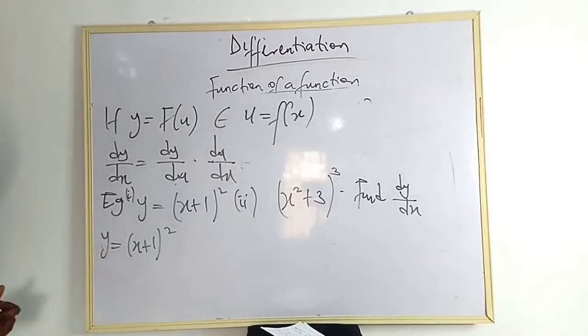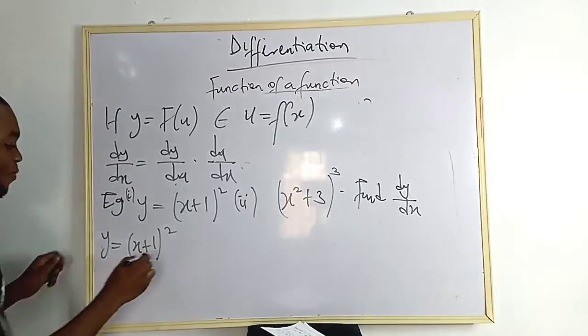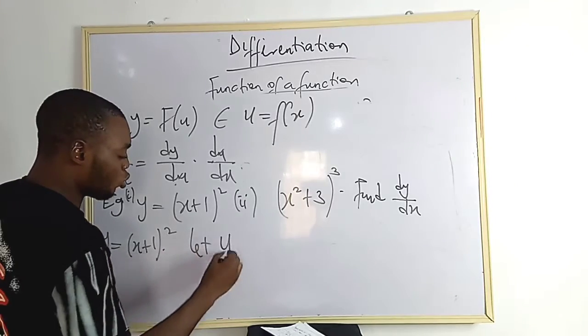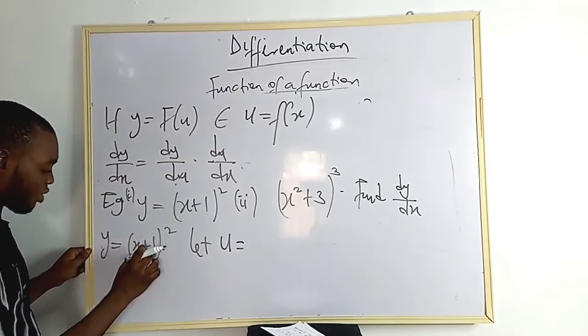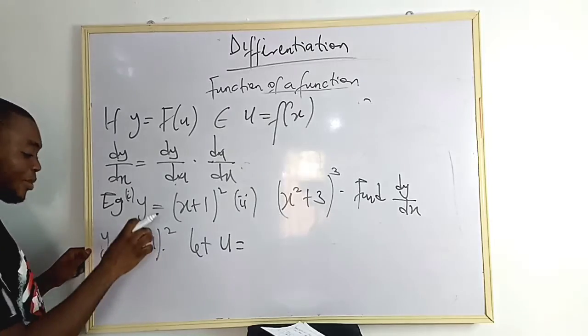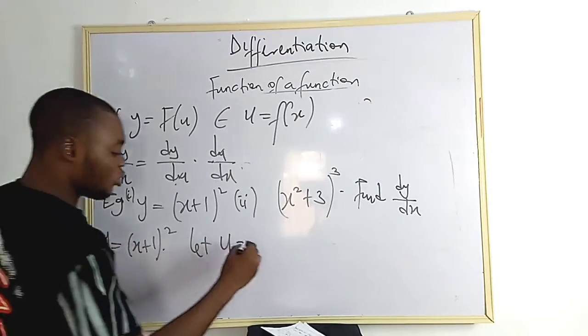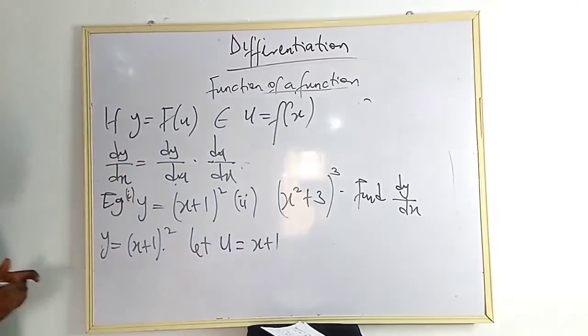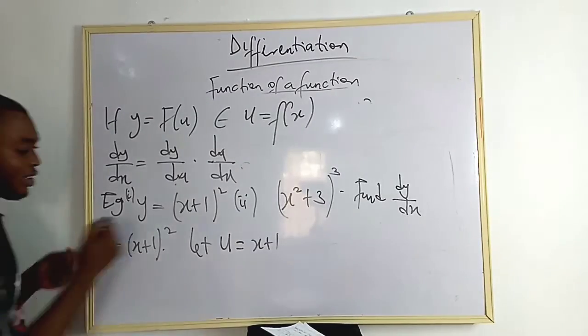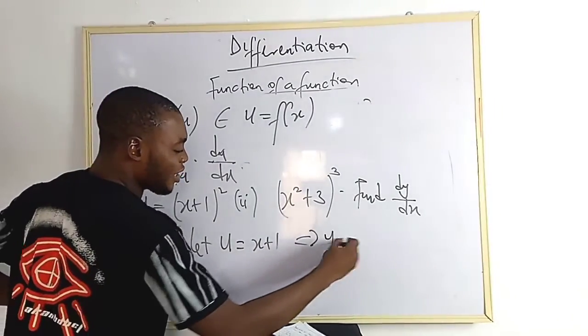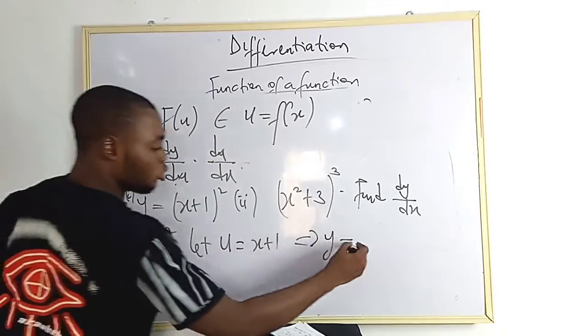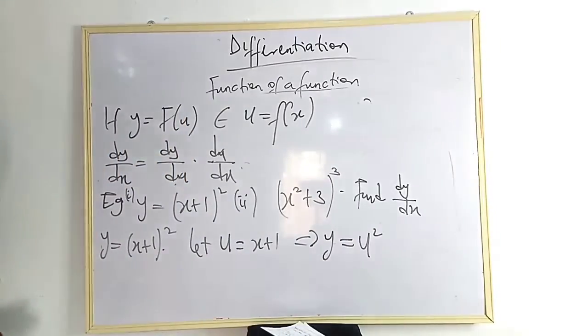From what we have here, our first equation is y equals (x plus 1) squared. How do you differentiate this? First, you say let u be equal to x plus 1. Because this is a function on its own, you represent that function with u. If u equals x plus 1, this implies that y equals u squared.